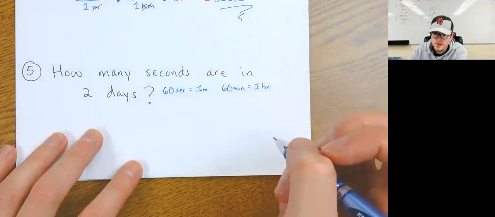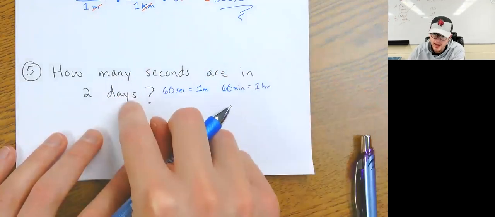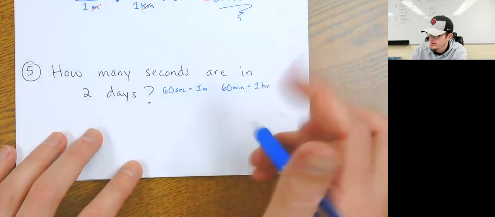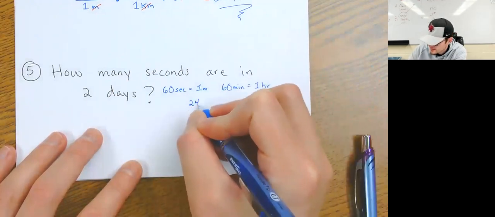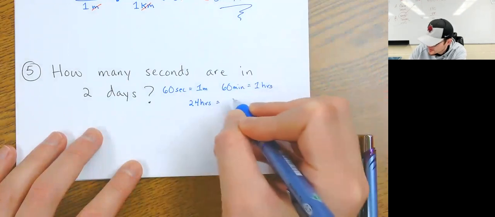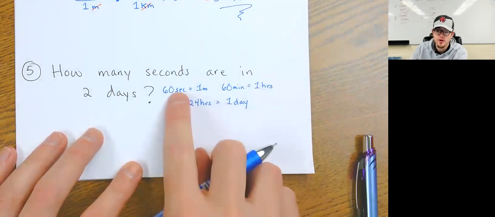We also have, so this is a little bit different than the one above, a third thing, because we need to get to days. So we're at hours, so the next thing is how many hours are in a day. So 24 hours equals 1 day.